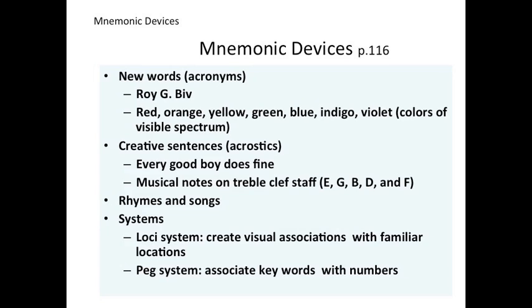So definitely go back and review that article so that you can know the difference between some of these mnemonic devices, which are great techniques for helping you remember things. They don't necessarily help you understand a concept, but they definitely help you remember something in need, especially in a test-taking situation. So try them out.